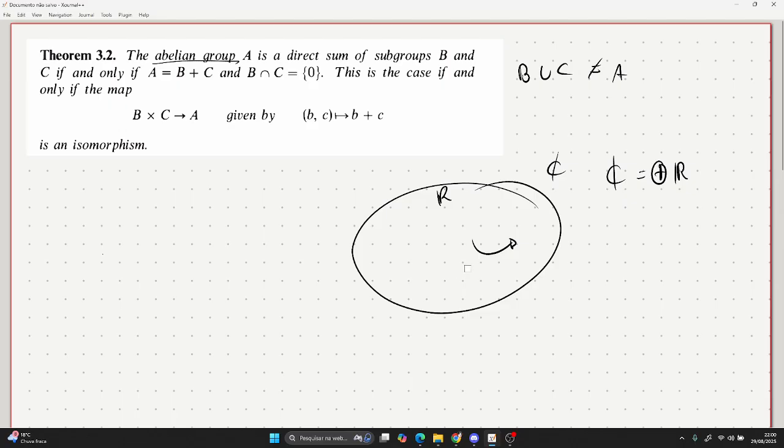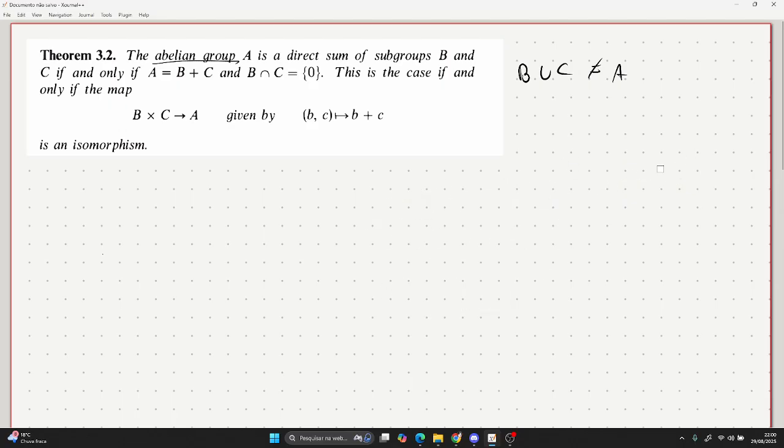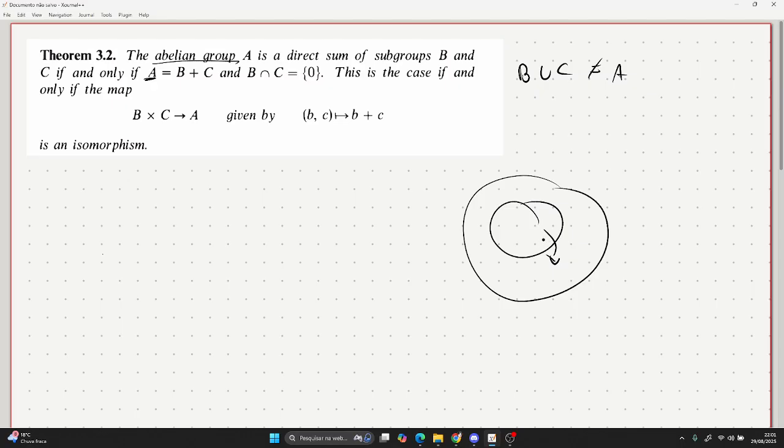So we verified that this relation needs to be surjective. The union needs to be equal to the group, because if it's not, there are some elements you can't write as a direct sum. And I showed the example of real and complex numbers.